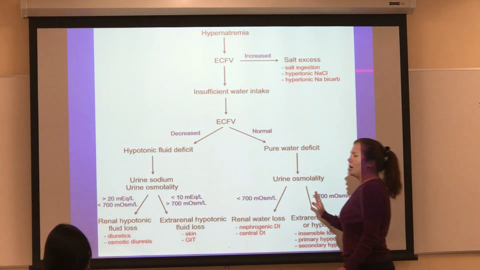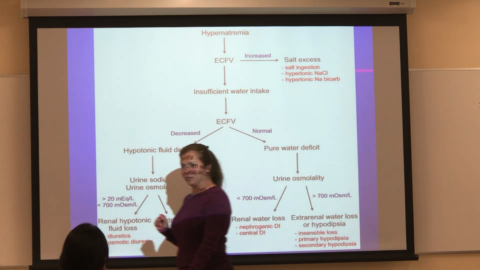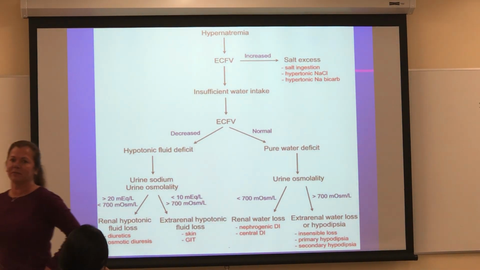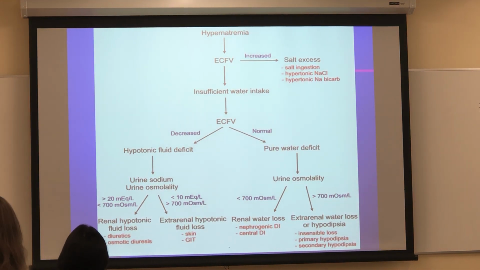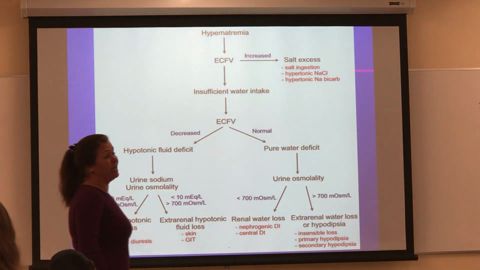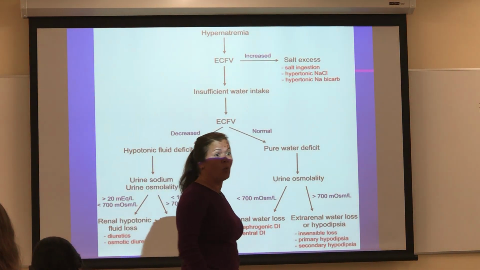So let's talk about diabetes insipidus. What is diabetes insipidus? Remember that you have three types of diabetes insipidus, right? First, psychogenic diabetes insipidus, which doesn't apply in hypernatremia. Why?